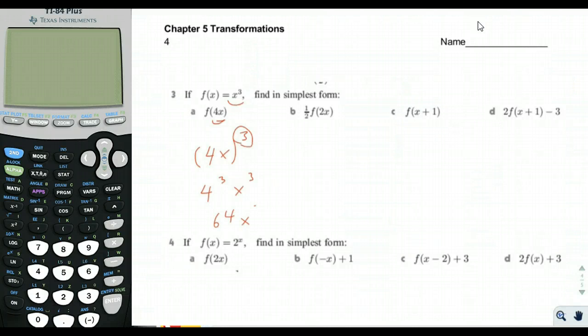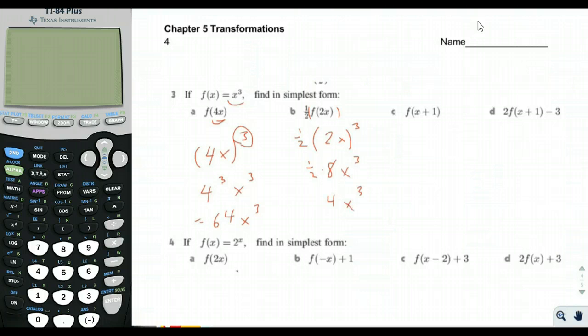4 cubed is the same thing as 64x cubed. Here you have 1/2 of 2x, so you're going to put 2x inside the cubed, and then you're going to multiply it by 1/2, because half is on the outside, right? And that would be the same as 2 cubed is 8x cubed times 1/2, so that would be 4x cubed.